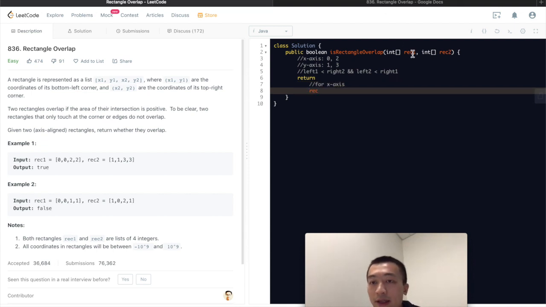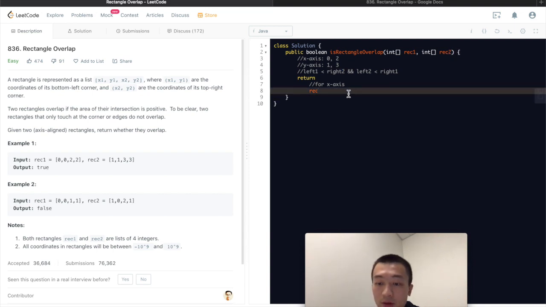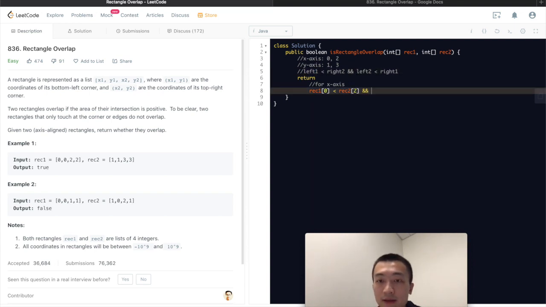So here again, this left 1 is just mapping to rec 1, 2 just mapping to rec 2. So rec1 for the x-axis is going to be 0 and 2. So we'll compare 0 needs to be smaller than rec2's 2. So left 1 is going to be smaller than right 2. And left 2 is rec2.